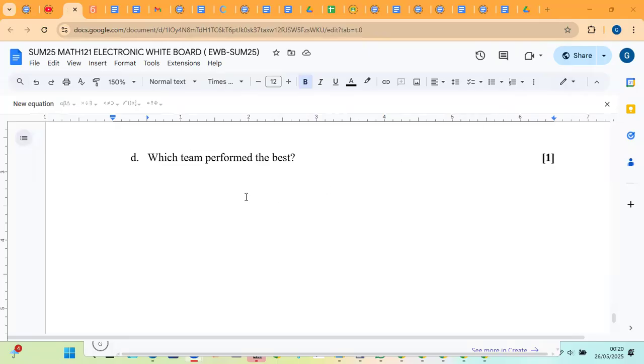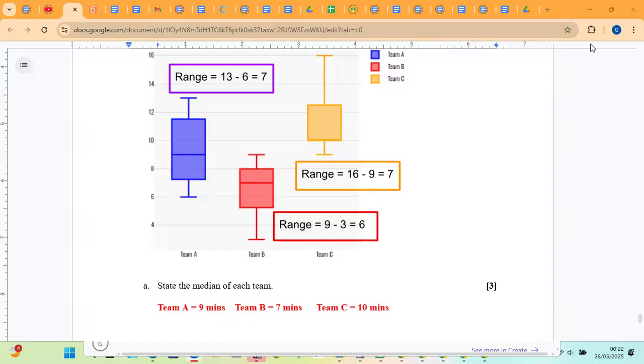Part D is asking which team performed the best. Now remember, the variable here is time in minutes, the time taken for the teams to complete a race. So therefore now, the team with the smallest average will be the winner.